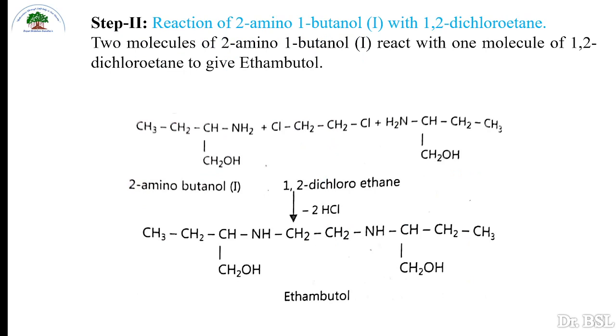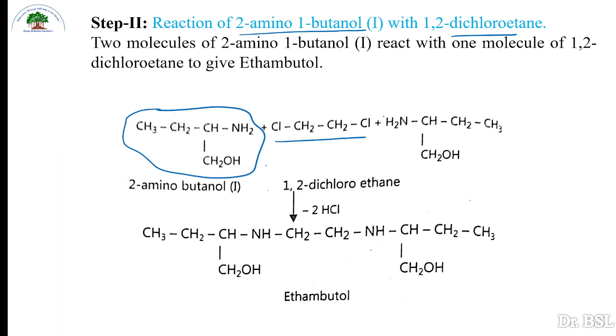In the second step, this 2-amino-1-butanol, which is formed in the first step, is treated with 1,2-dichloroethane.